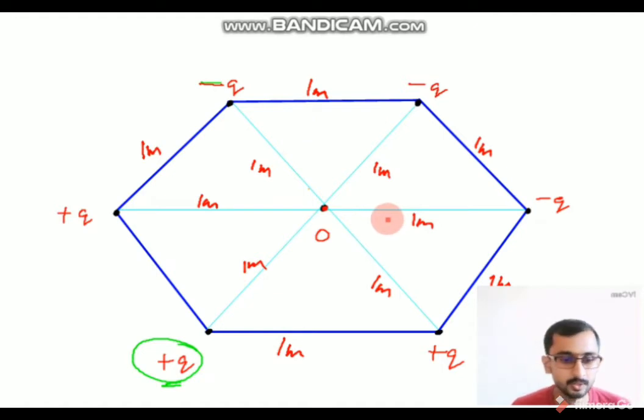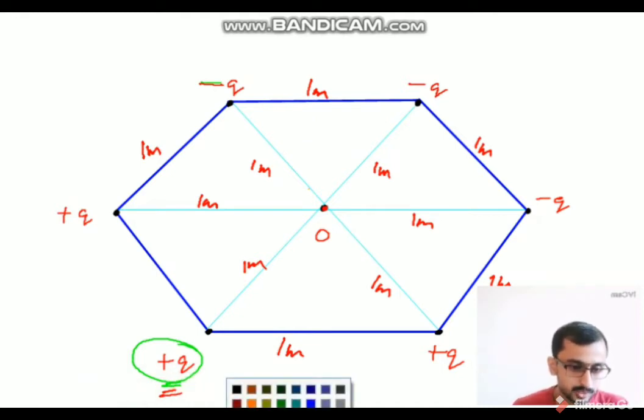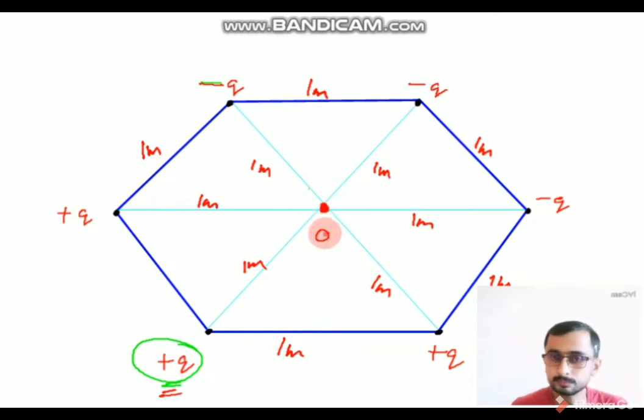Right. Now if you consider this particular charge, what is the direction of electric field at the point O due to that charge? From a positive charge it is always outward, no?